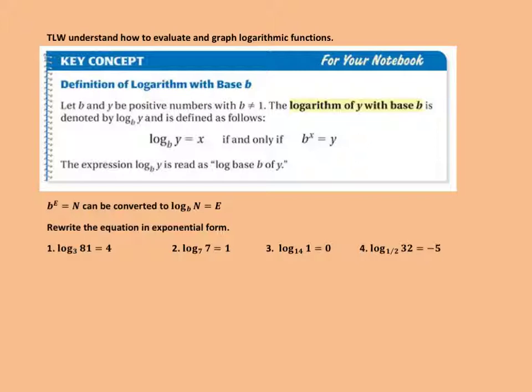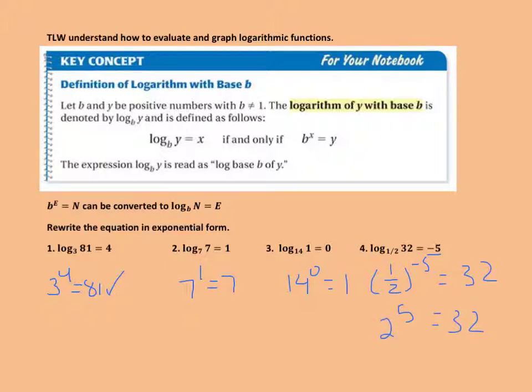So thinking about that, it says rewrite using exponential form. 3 to the 4th equals 81. Check. 7, so base to the exponent equals the number, because that's B-E-N, Benny. 14 to the 0 equals 1. 1/2 to the negative 5th equals 32, so that would be 2 to the 5th equals 32.